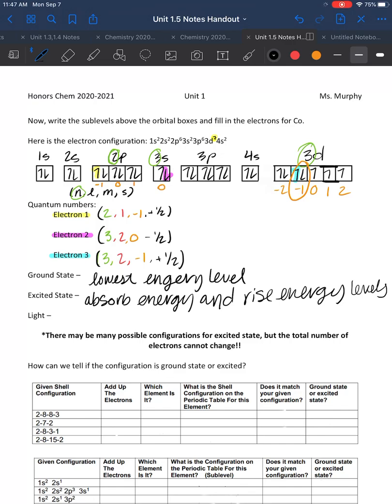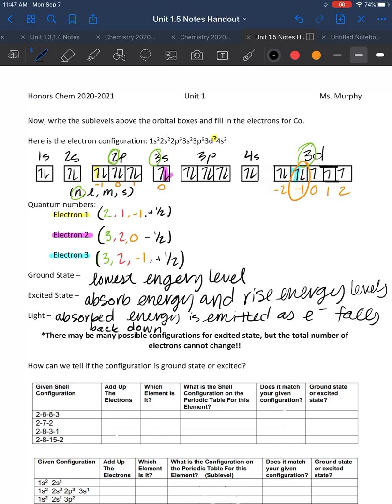And last but not least, light. That is when the absorbed energy is emitted as electrons fall back down.